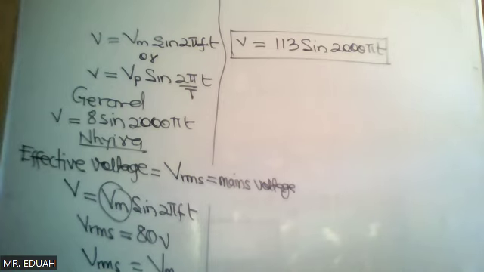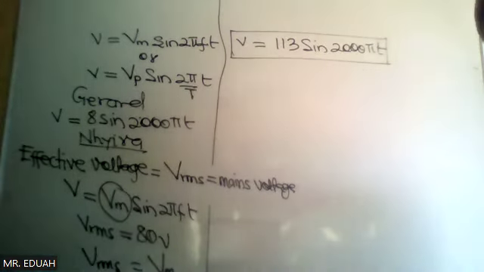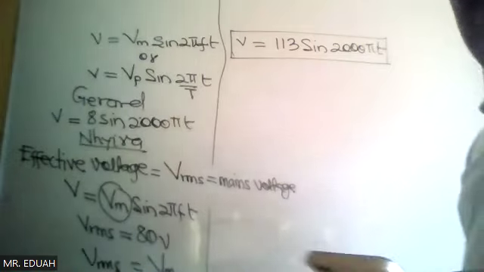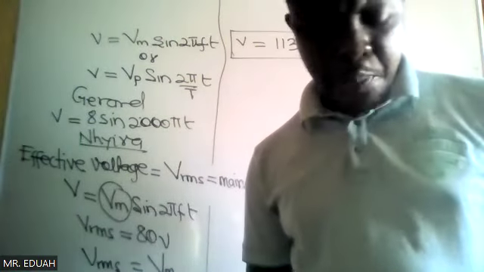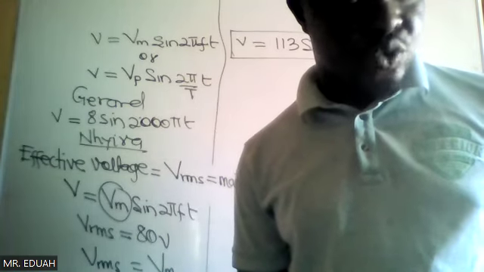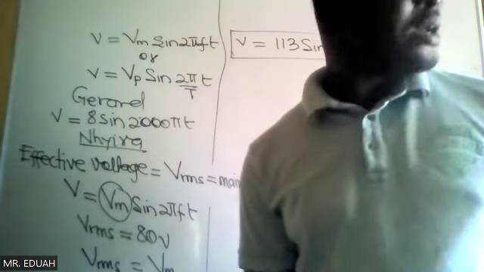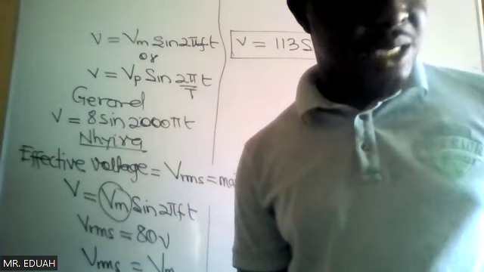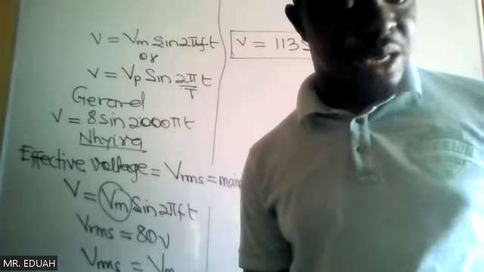What will an AC ammeter in series with the resistor read?